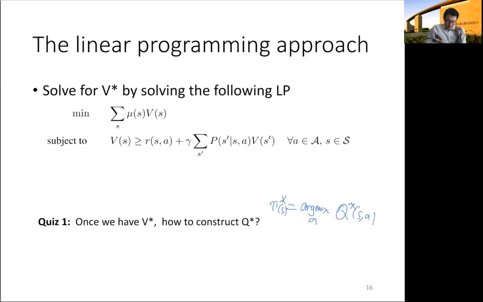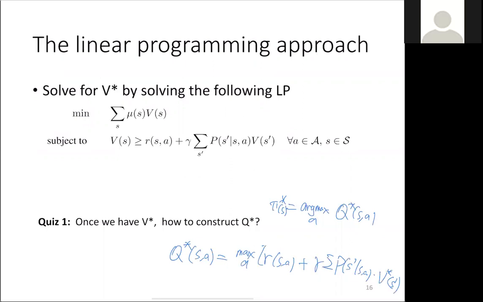Yeah, excellent. So we can basically just apply the Bellman optimality equation. So Q star of S, A is equal to R of S, A plus gamma summation of P of S prime given S and A, and then V star of S prime, right?